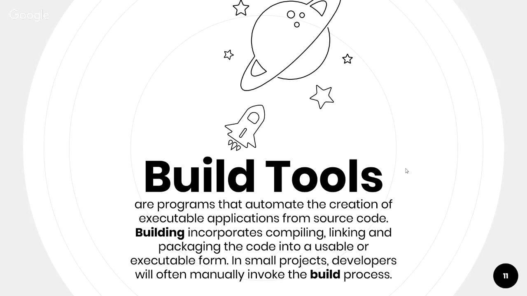Linking and packaging the code into a usable or executable form. So we talked about what executable is, and now you know. In small projects, developers will often manually invoke the build process. Okay, so in a nutshell, the build tools automate the build process.